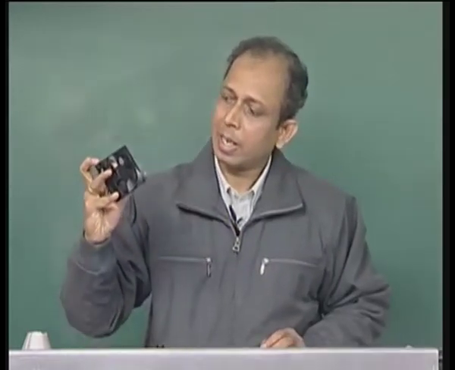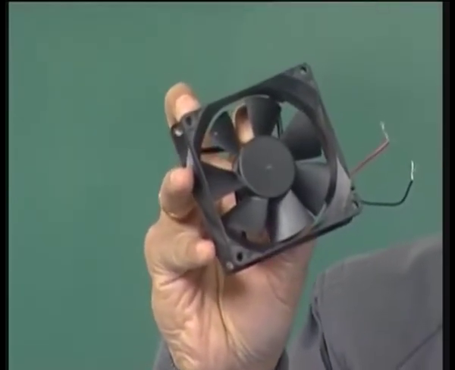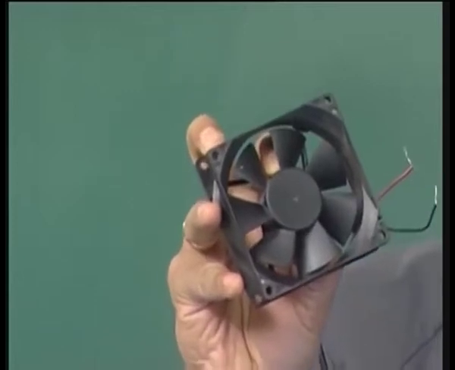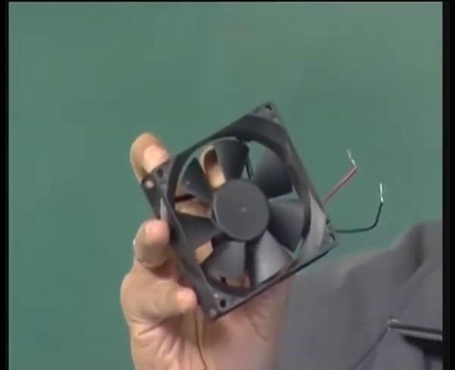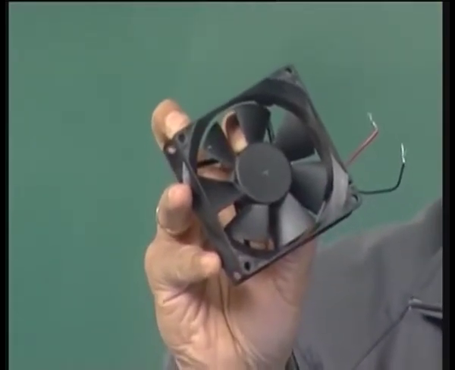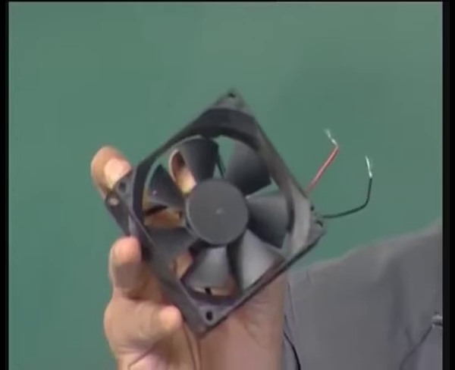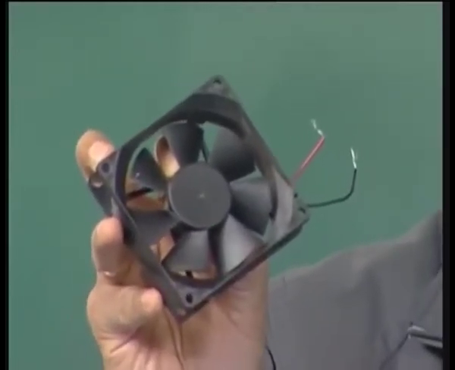You can see here that this is a computer fan, and this is a brushless DC motor, because this fan is going to run for years together without getting damaged. So, if we go for a simple DC motor having brushes and commutators, we have frictional contact there, the contact will develop problems, and once the fan stops, the cooling will also stop. So, this fan is supposed to run in a dusty environment without any problem, because it does not have any brush.